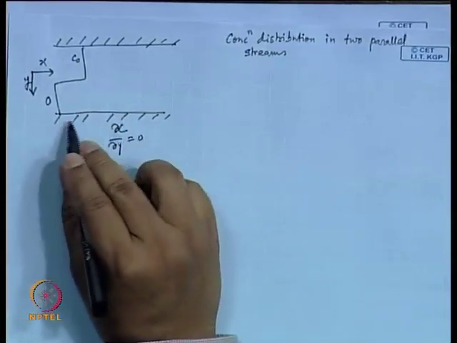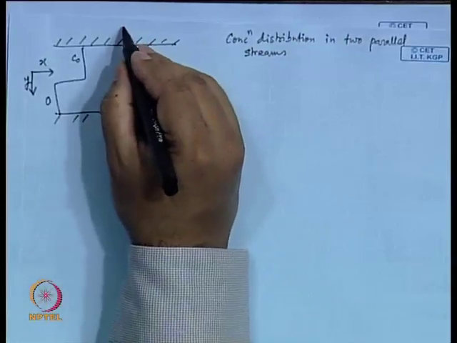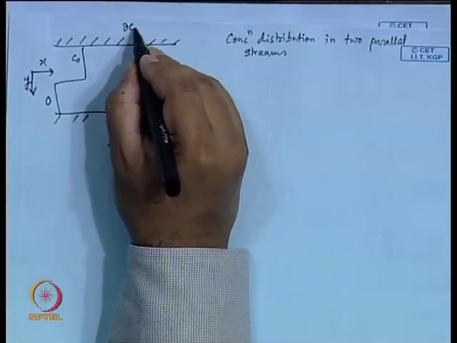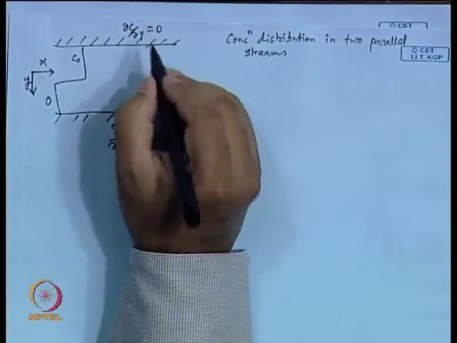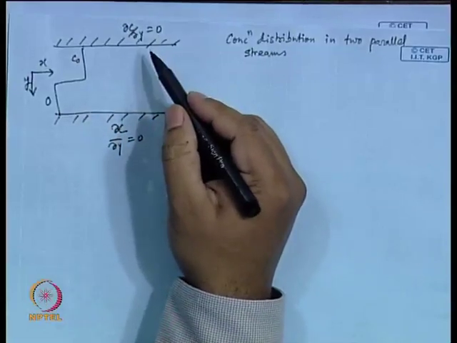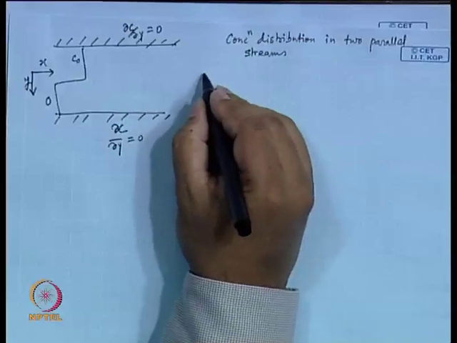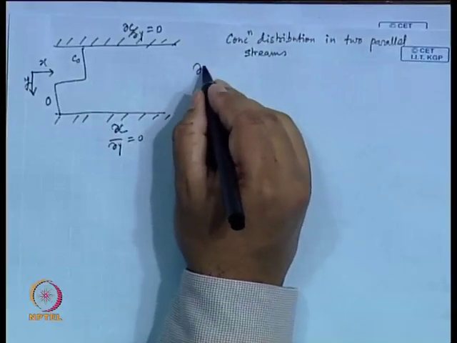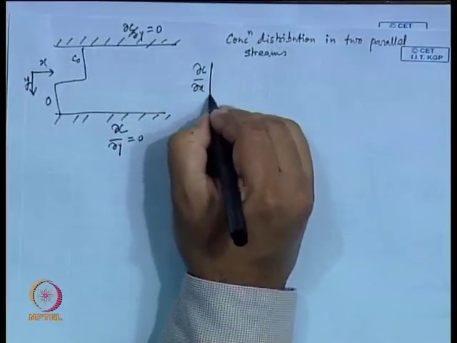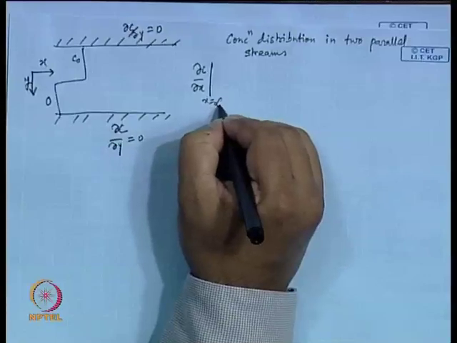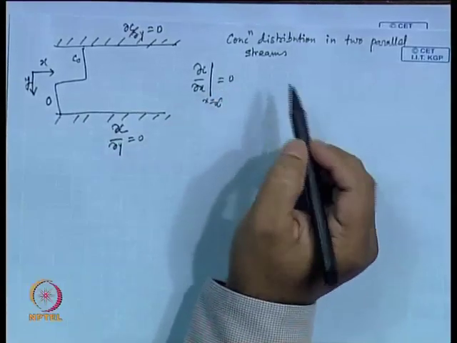That means this is an impermeable wall, and no concentration exchange is happening here. And then on this side you are writing del C del x at x equal to infinity, that is equal to 0.